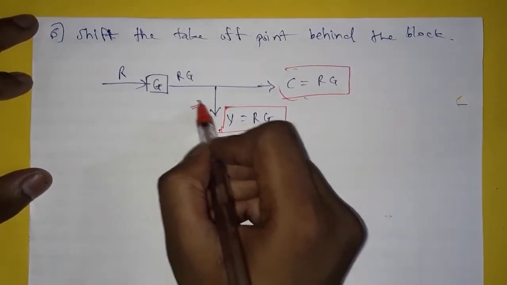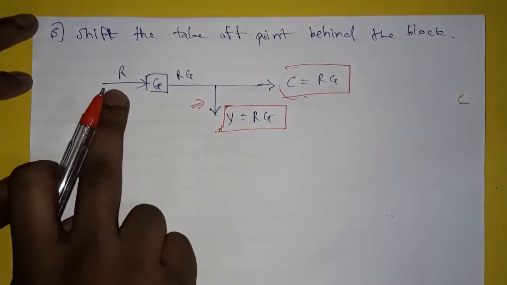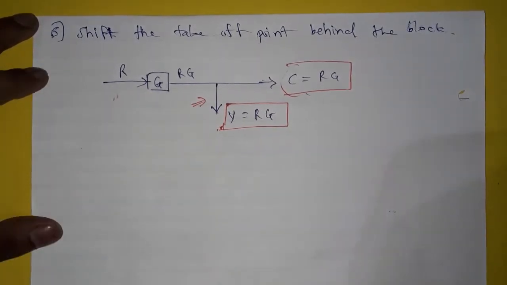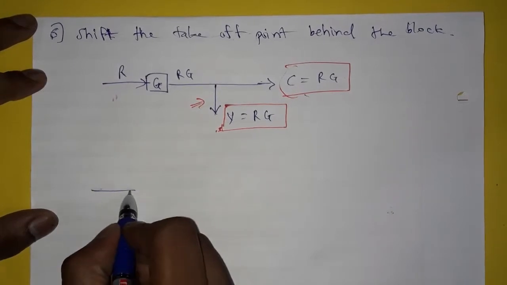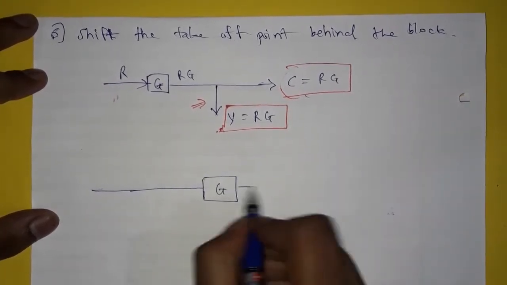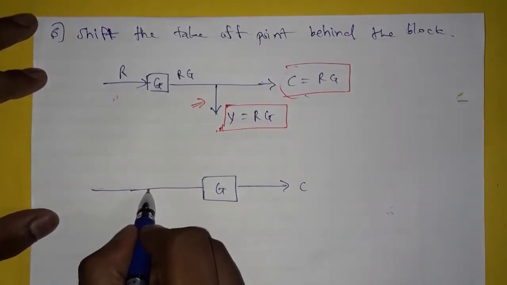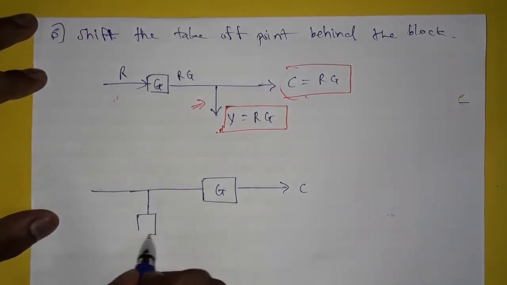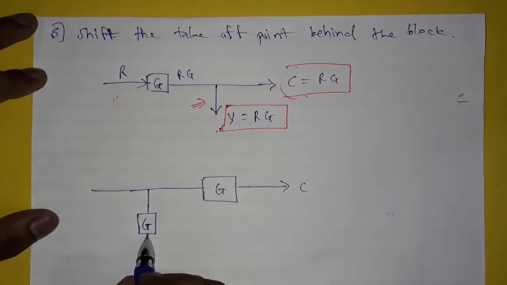This is the takeoff point. If we shift this takeoff point behind the block, that is here, then see what will happen. Here this is G, this is C and this is our takeoff point. Here we need to add G, same as this.